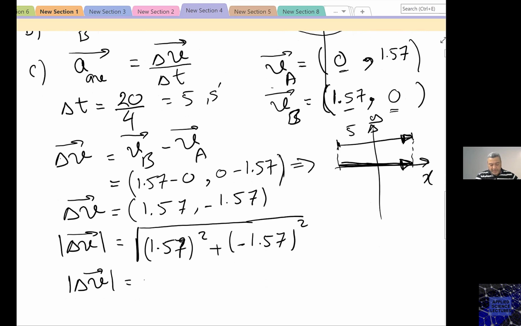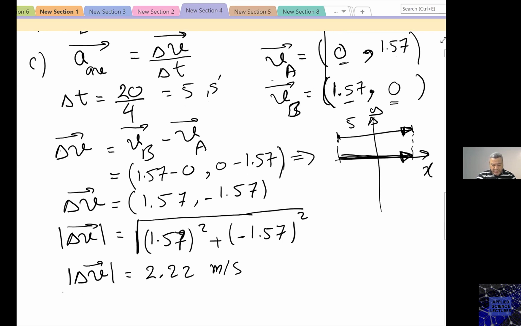Then this one is 2.22 meter per second. This is the average, this is the magnitude of the velocity change. Now back to the acceleration, average acceleration that we had there.